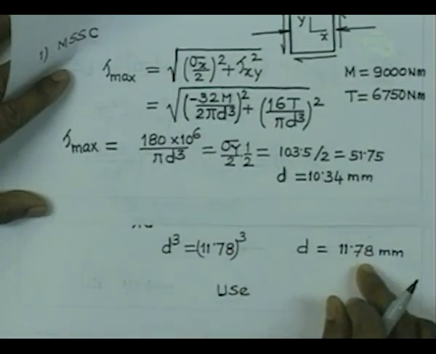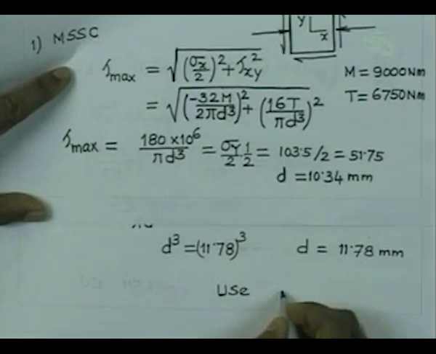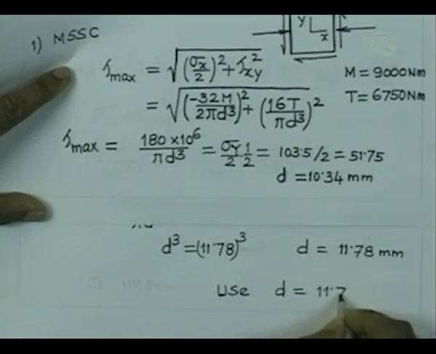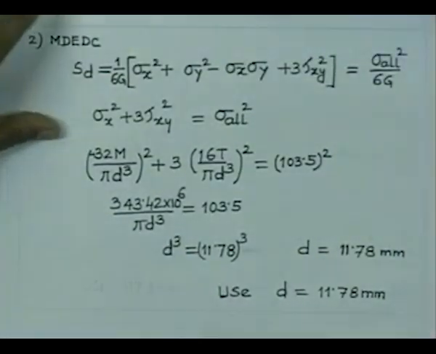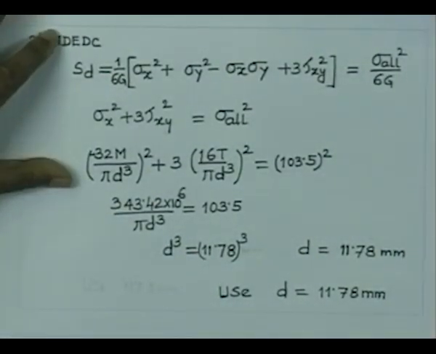It is good to keep the larger value for safety, and therefore, use D as 11.78 millimeter. So, thus you see how the criteria of failure can be applied for the design calculations.